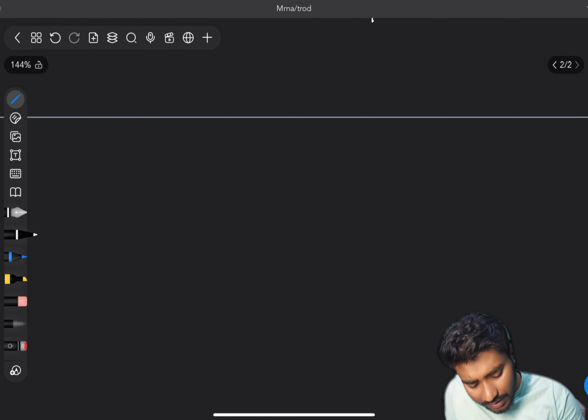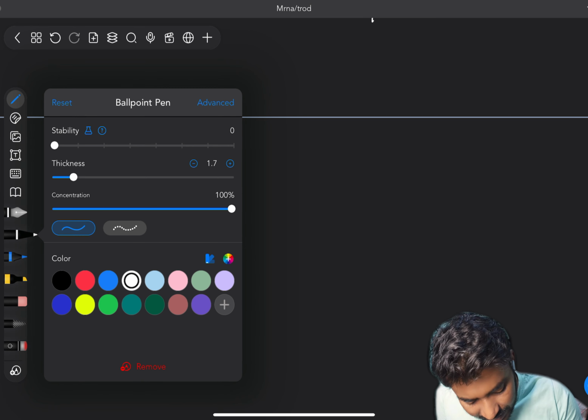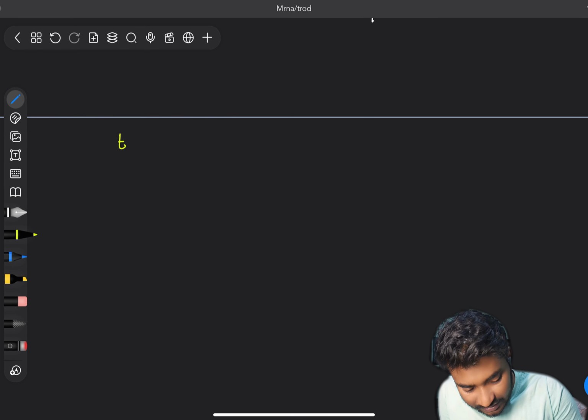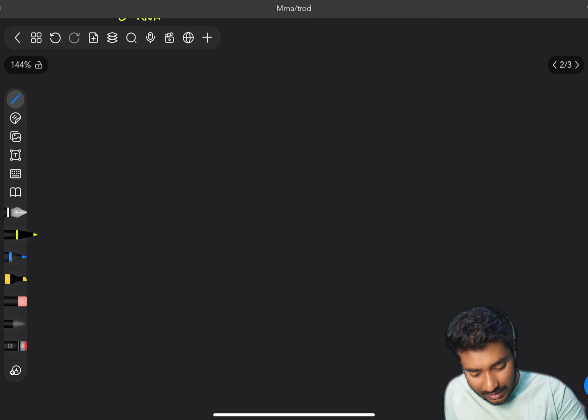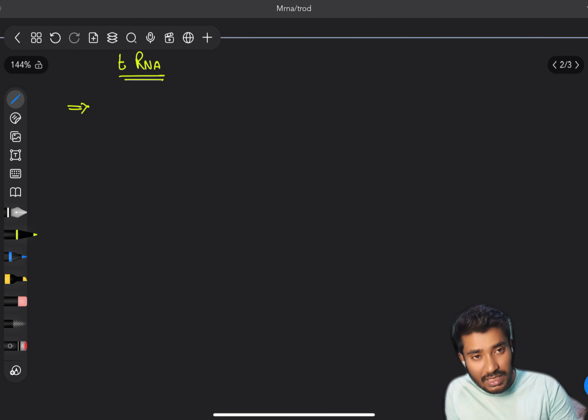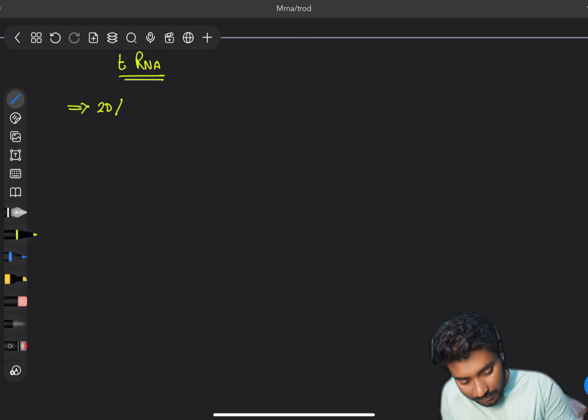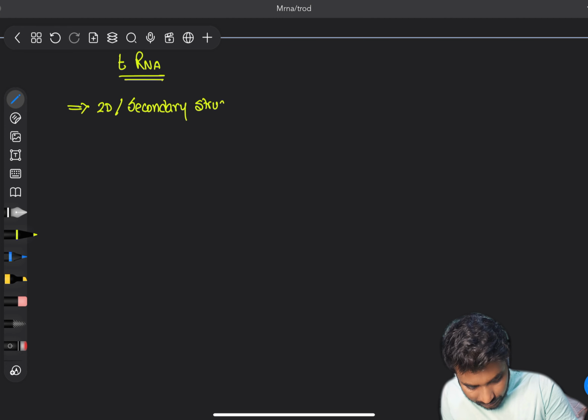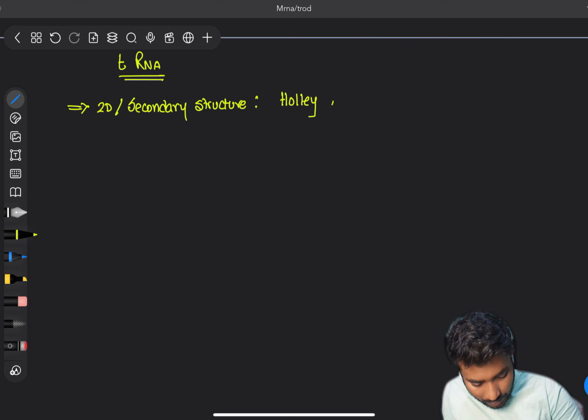Now going to the next part, it's of tRNA. So please make note first of tRNA. It has a 2D secondary structure discovered by Robert Holley.